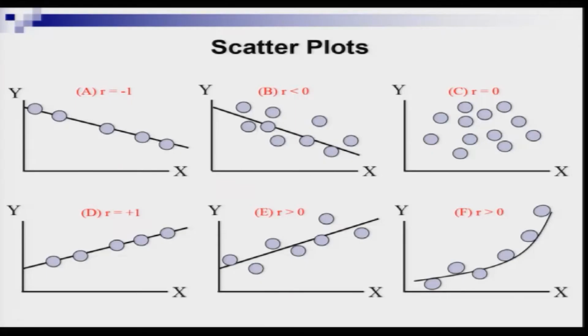Now, after going through these ranges of possible r values, I am going to show you a slide with an array of diagrams which will explain what you are expected to see in plots or graphs for different possible values of r. In this slide, concentrate on diagram A, where I am showing you the case of r equal to -1.